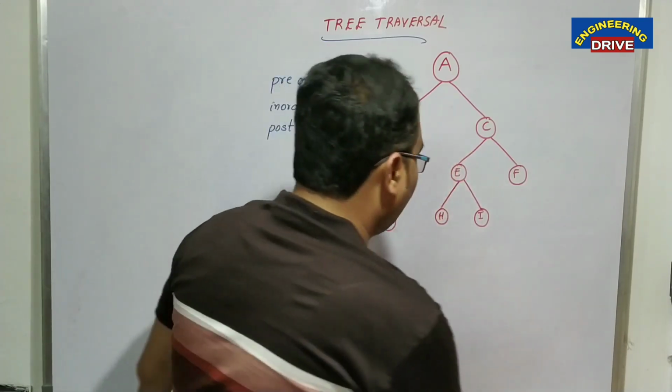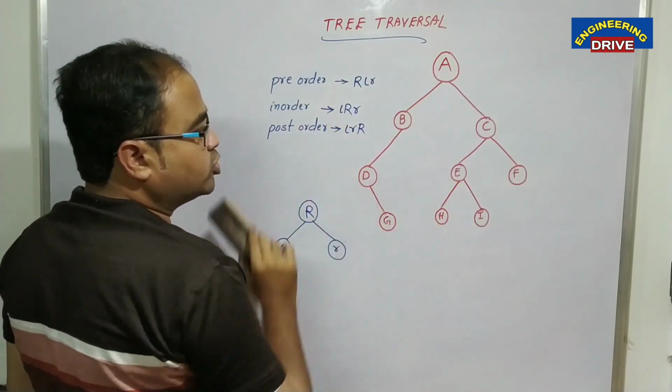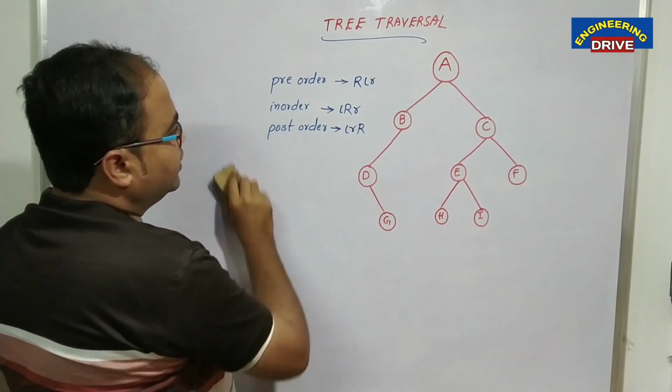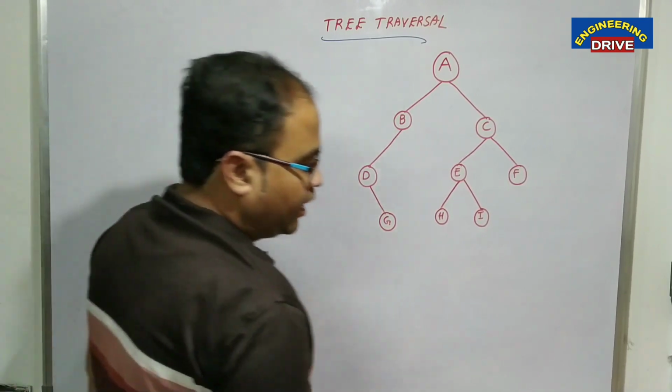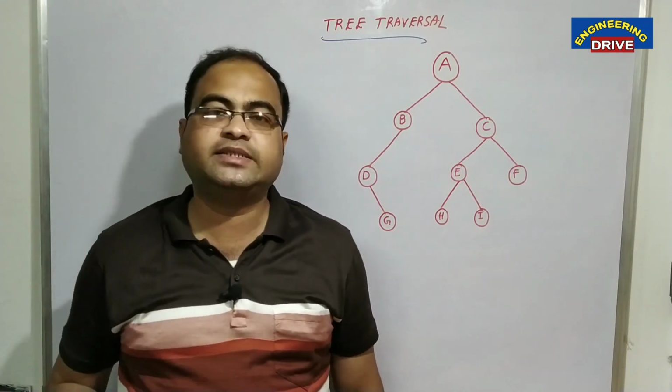Now, I told you that many complicated methods are there to find the pre-order, in-order, and post-order, but today I am going to show you one simple shortcut method. By using this, we can find the answers, pre-order, in-order, and post-order, within seconds.